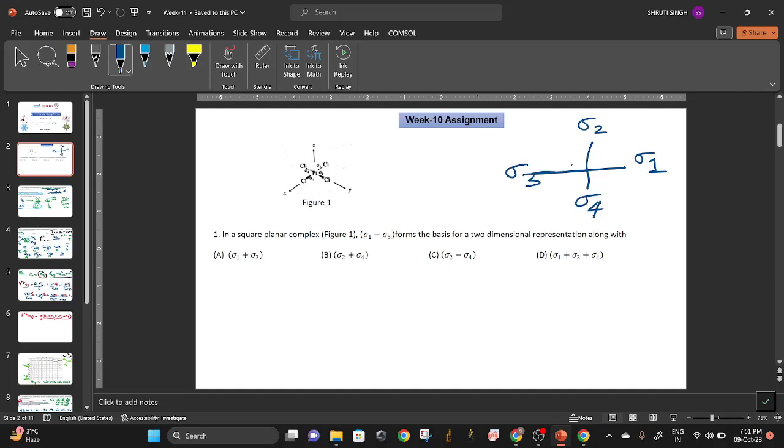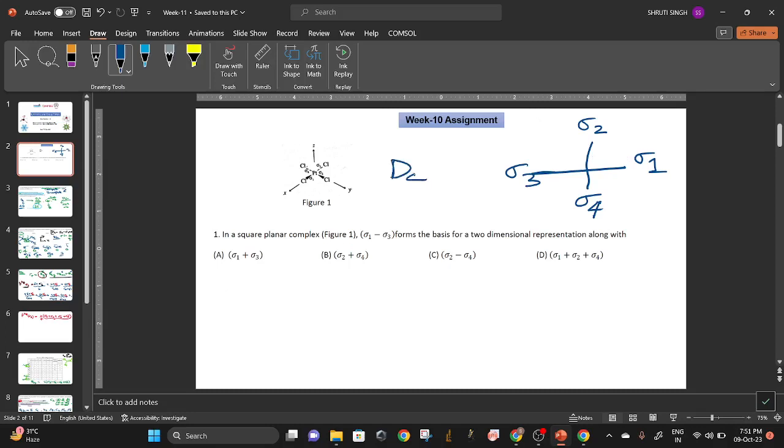This is a square planar complex. In the center we have platinum and the Cl bonds across this line. Now when you do this, to find the reducible representation of these four sigmas, what is the point group here?